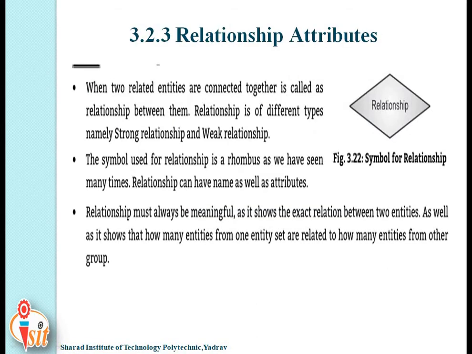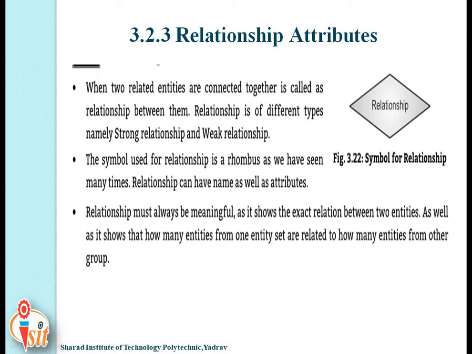Now we will start today's actual session, that is the first point, relationship attributes. As you know, a relationship is the association between two entities and attributes are the properties of the entities. Relationship attribute is when two related entities are connected together, which is called a relationship between them.